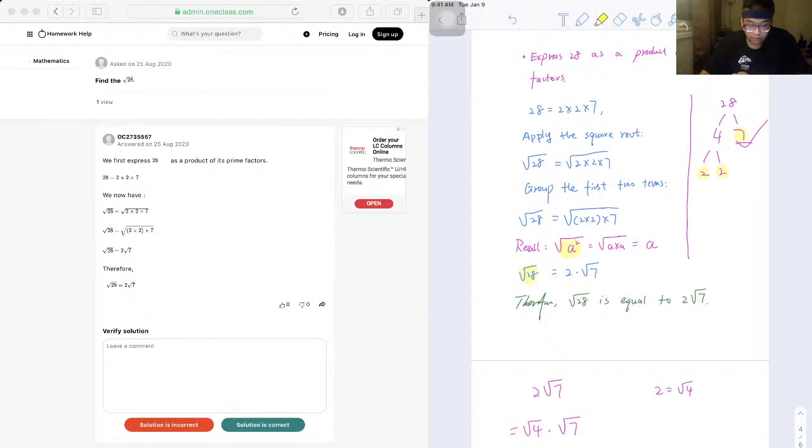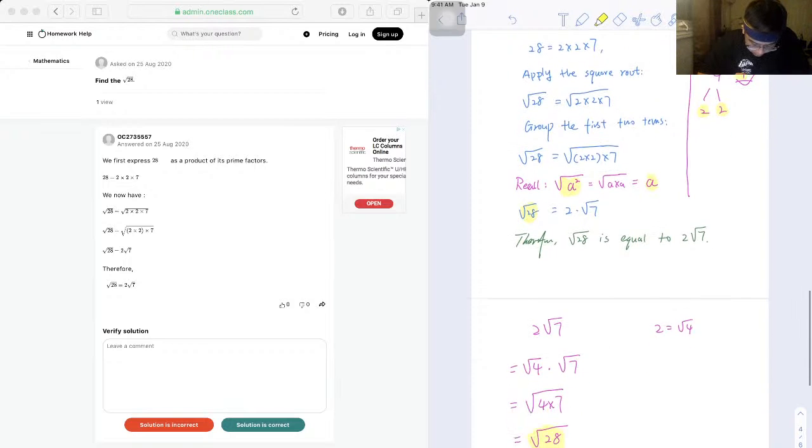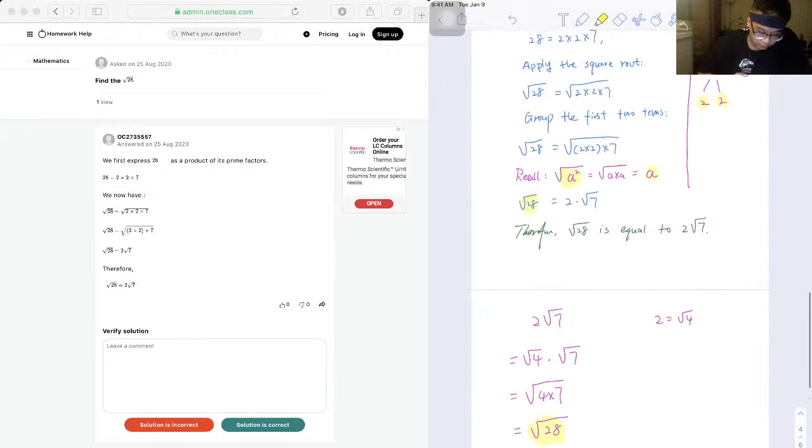Because whenever we take the square root of a squared, it's going to be equal to a itself, so we can take that out from the square root sign. Yep, and you can also check your answer at the end. So I think that's all we've got for this question.